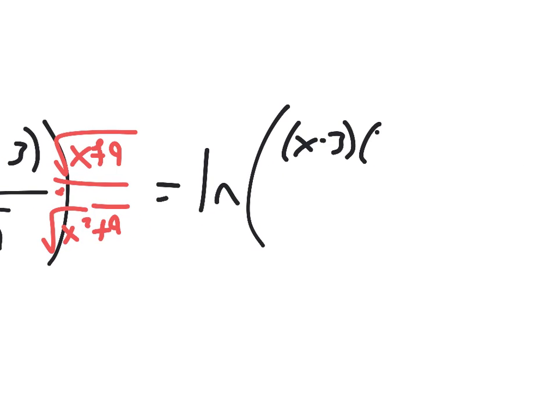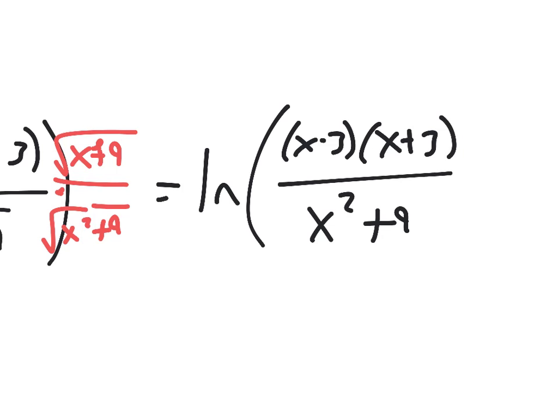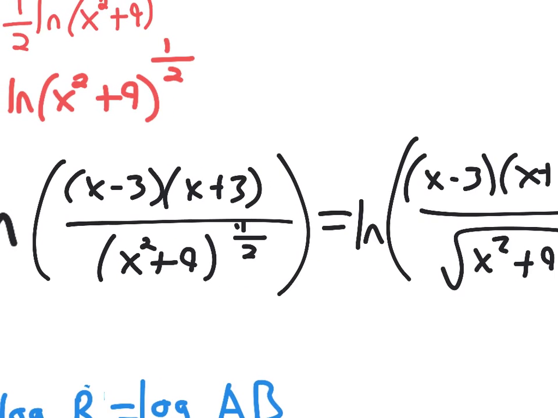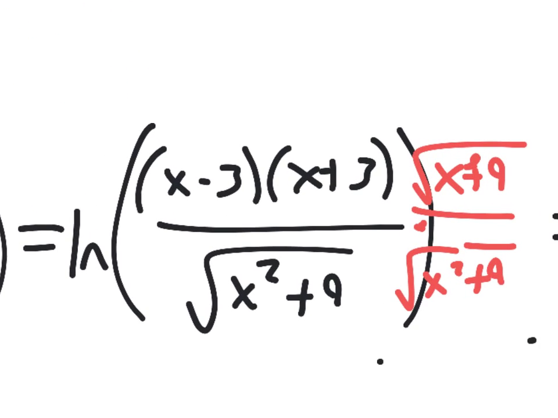So we got x plus 3, and then we're going to have over x squared plus 9, and this is going to be square root of x squared plus 9 here, because we multiplied it to the top and to the bottom. But you know, that looks yuckier. If I was a teacher, which I am, I would prefer this as my final answer in black here.